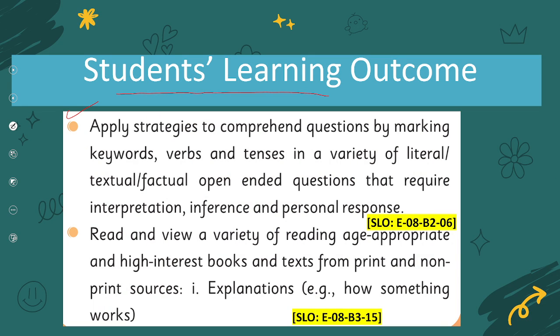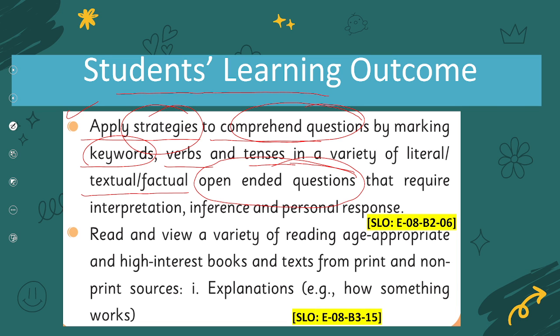Today we have two learning outcomes merged into one. Number one is apply strategies to comprehend questions, or to understand the questions, by marking keywords, verbs, and tenses in a variety of literal, textual, or factual open-ended questions. We are going to focus on what these questions are that require interpretation, inference, and personal response.